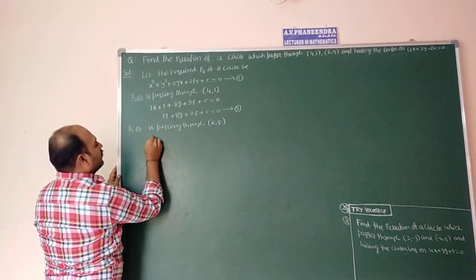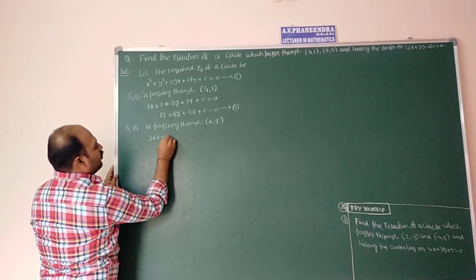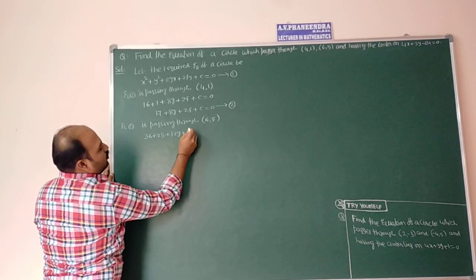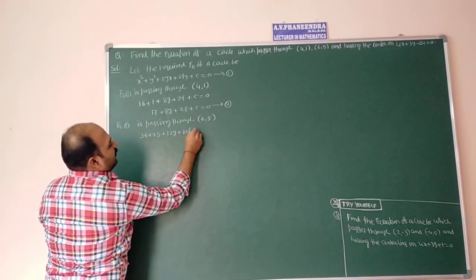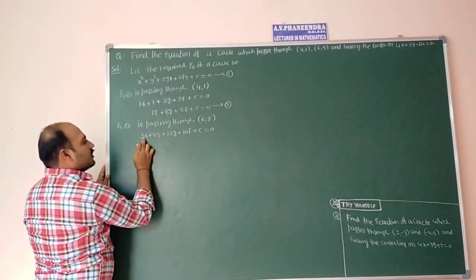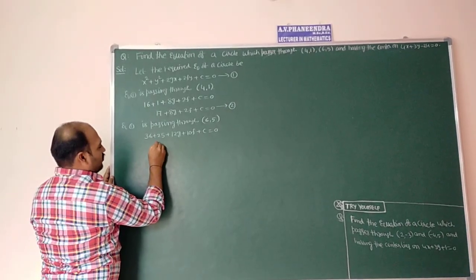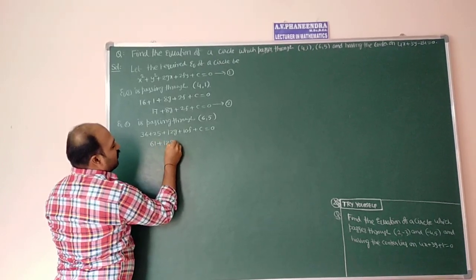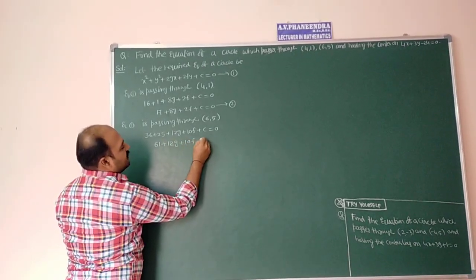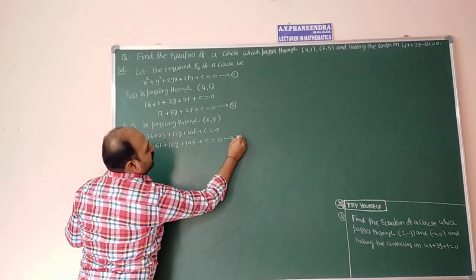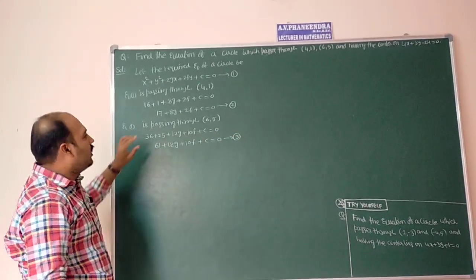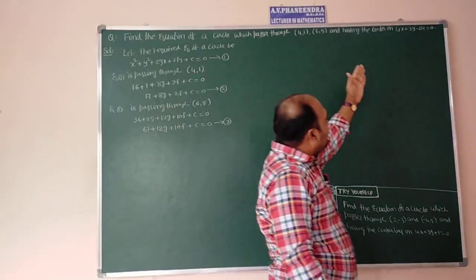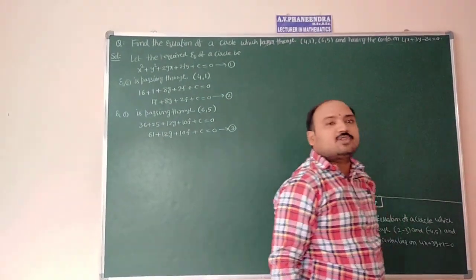So 6 square is 36, plus 5 square is 25, plus 2g into 6 is 12g, plus 2f into 5 is 10f, plus c equal to 0. 36 plus 25 is equal to 61, plus 12g plus 10f plus c equal to 0. Equation number 3.